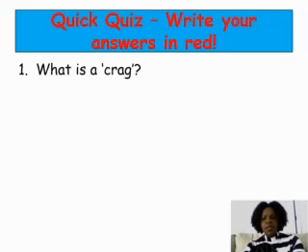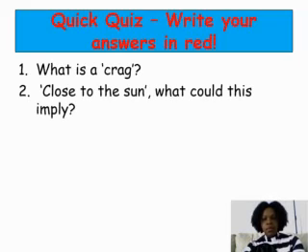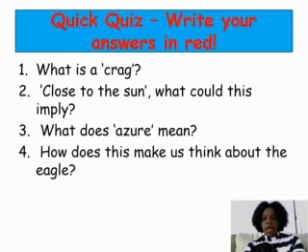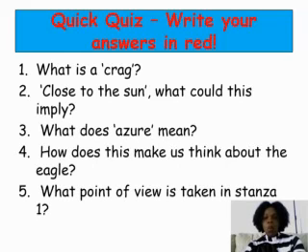So what is a crag? Close to the sun, what could this imply? What does azure mean? And how does this make us think about the eagle? What point of view is taken in stanza 1? So I would like you to write your answers.